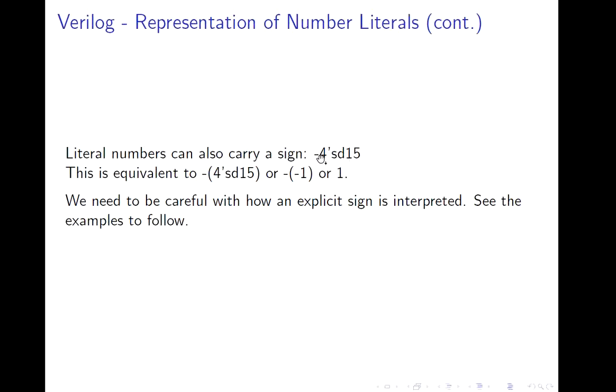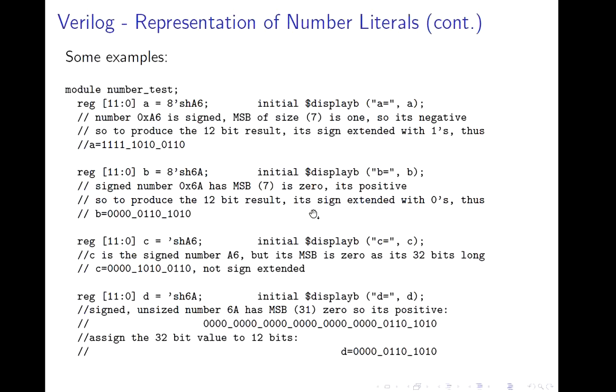I can say that 15 is a decimal signed number and it's a negative number. So this is how I can represent it with respect to decimal numbers.